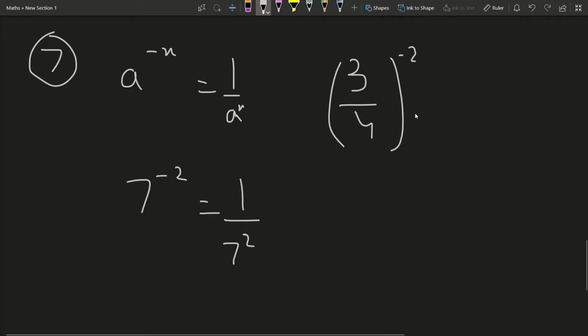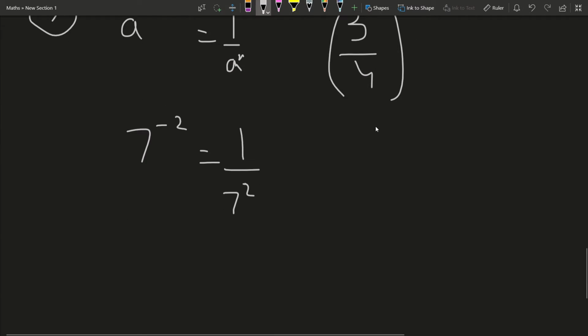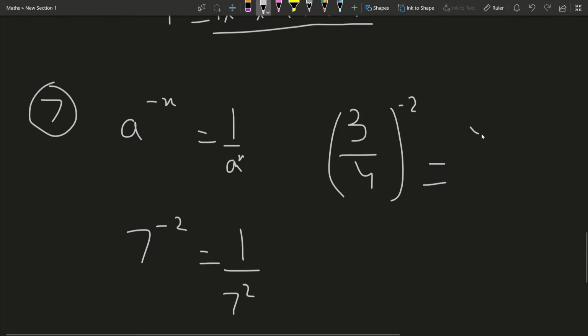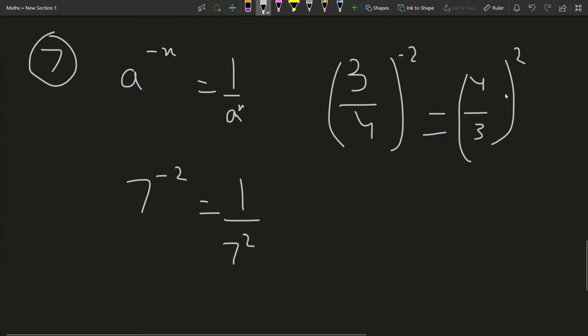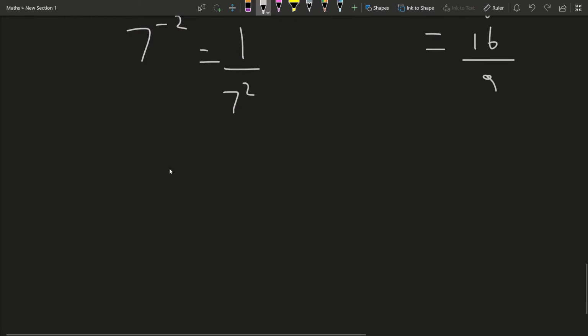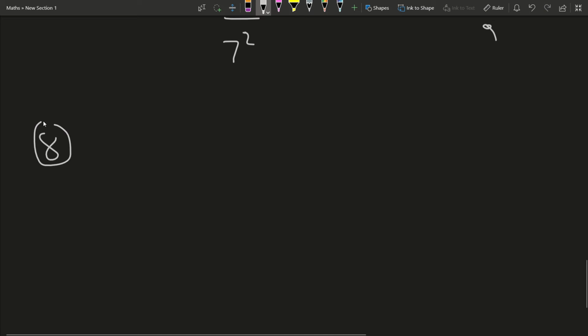So what now? Well, we're simply gonna inverse it, so (4 upon 3) to the power 2. So when you inverse it, the minus gets removed, and then if you square it, it's going to be 16 upon 9. There we go.